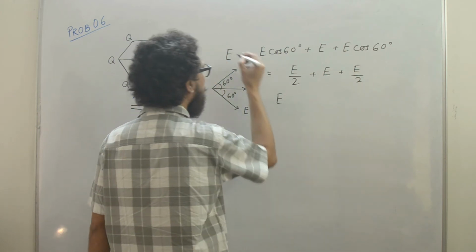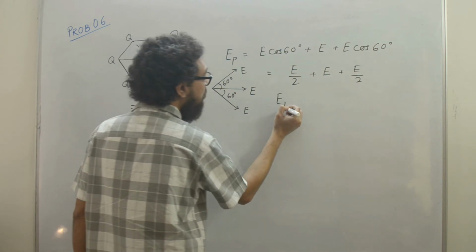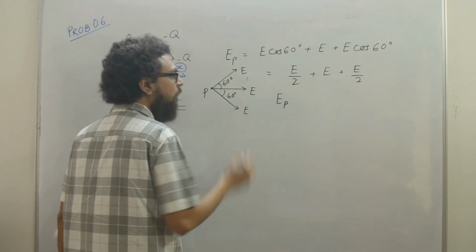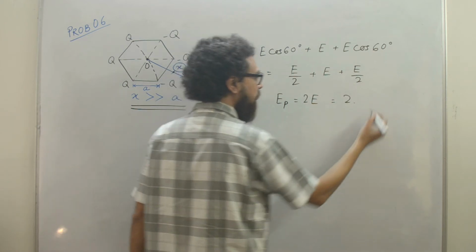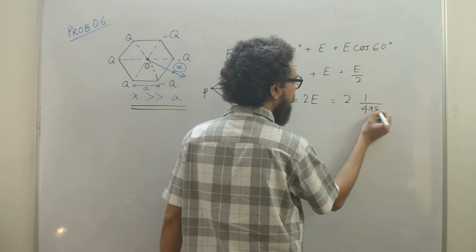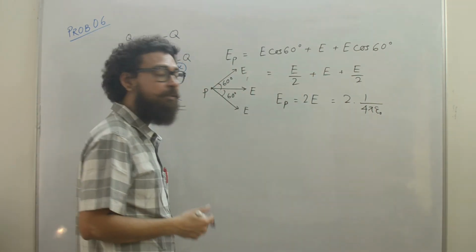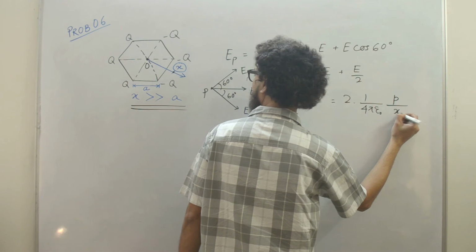So total electric field, say EP or something, whatever you say this point. So EP is equal to 2E. And what is E? E is 1 by 4 pi epsilon naught, what is it? P by x cubed.